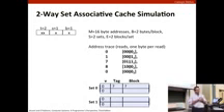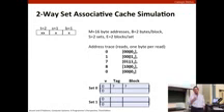The number of lines per set is a fixed high-level design parameter, the size of the cache is a high-level design parameter, and then the number of sets is induced from that.